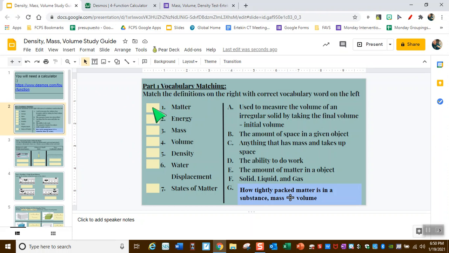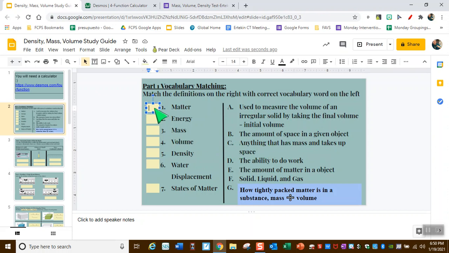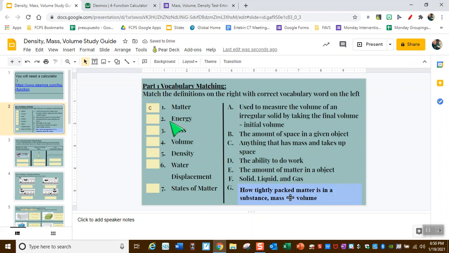Okay, so matter is anything that has mass and takes up space, or letter C. Energy is D, the ability to do work.